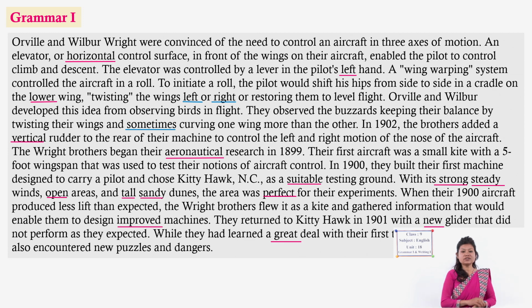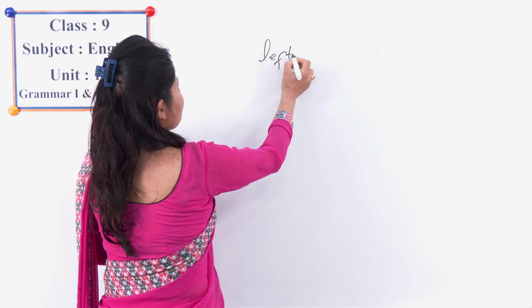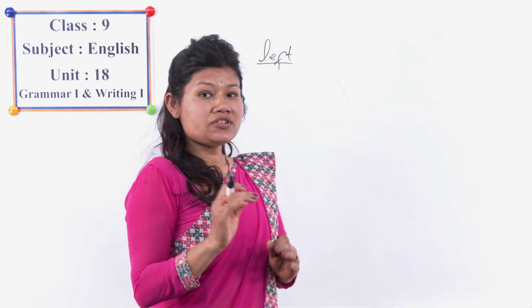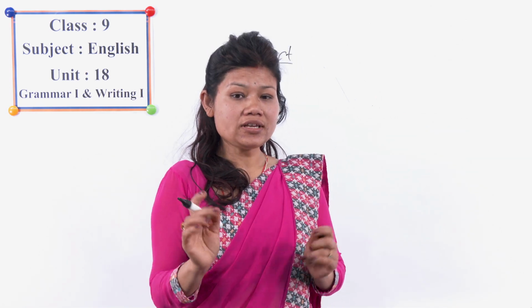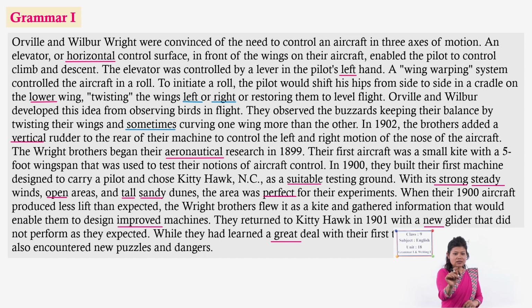So, horizontal, okay, and left, your left hand, okay. Here you may be confused: the word left can be both adjective and adverb, but you need to understand the situation, the context. In this line, the elevator was controlled by a lever in the pilot's left hand.